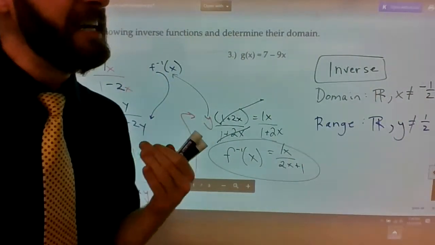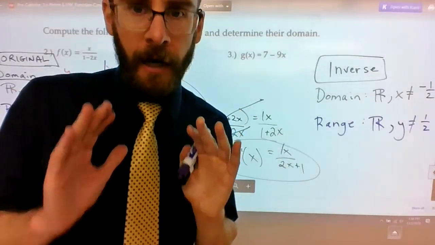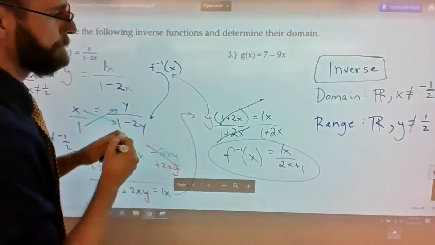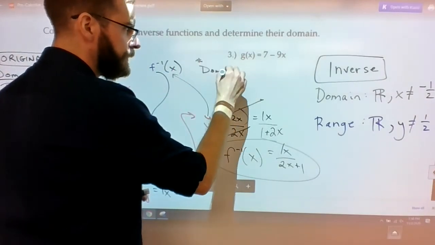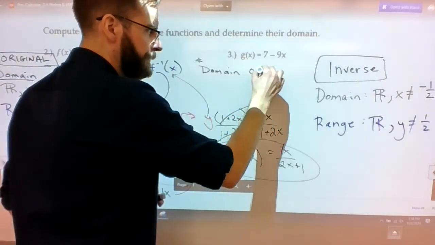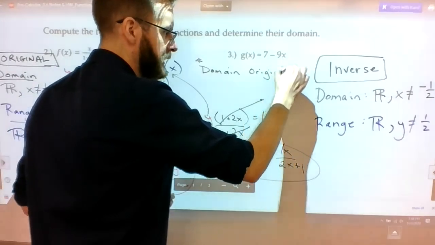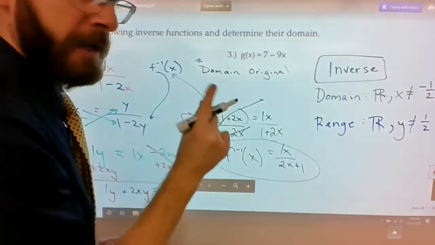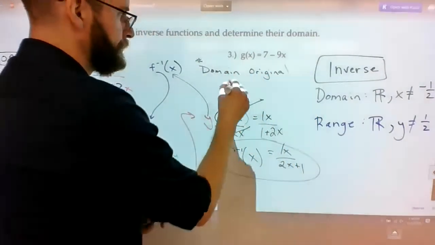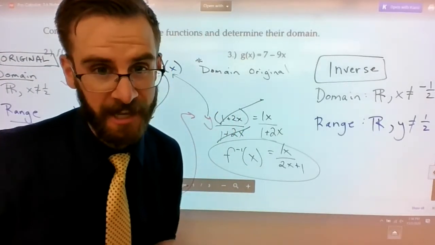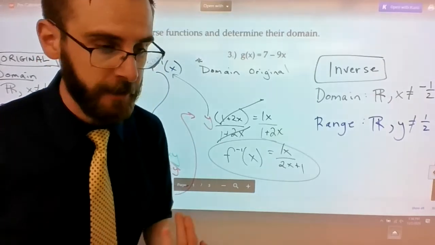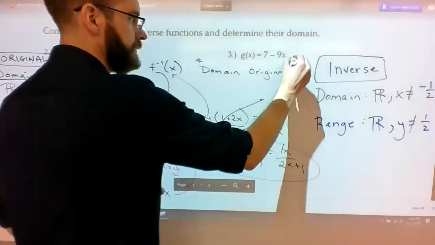So bottom line, here's the big concept. The domain of the original is the exact same set. So I'll put the word equals, but I don't mean equals as in like 5 equals 3 plus 2. I mean same set.